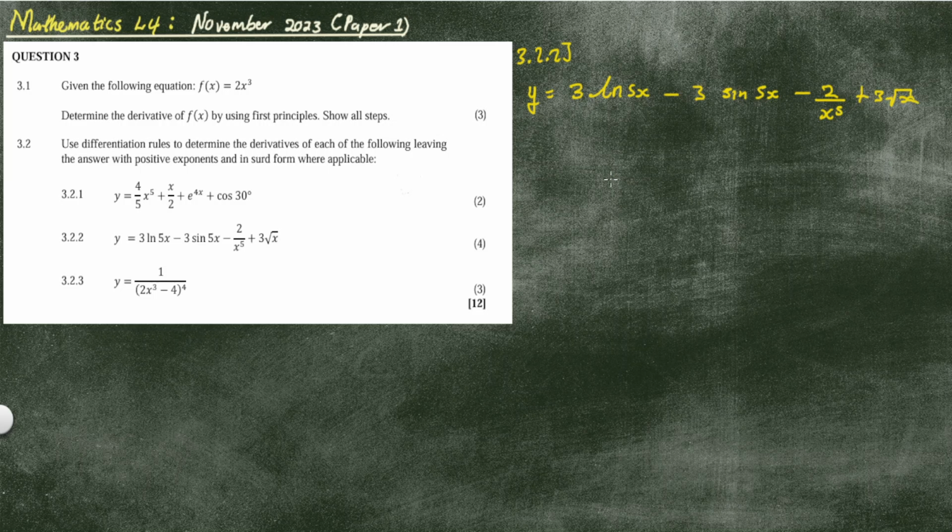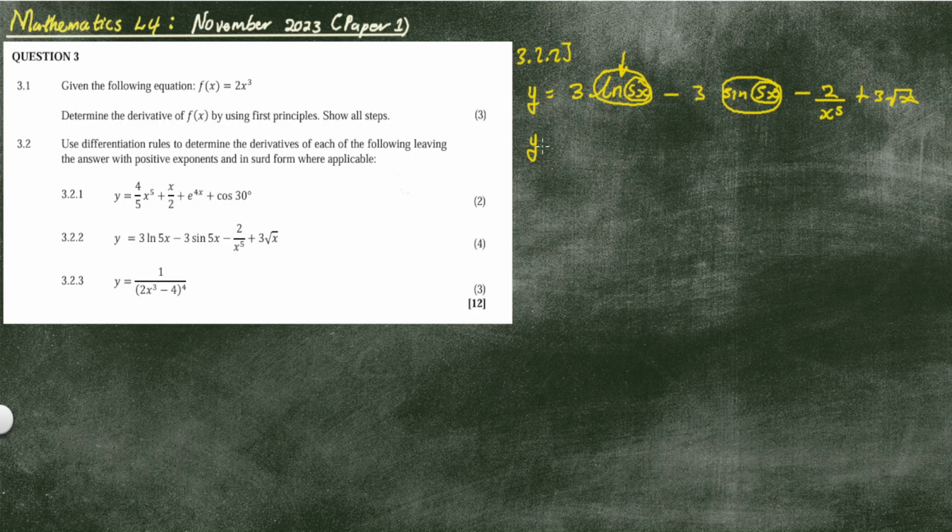This is what I kept on saying: this is an ln function, so we differentiate as a whole, and after that you also differentiate the function inside. That's what I was explaining above.